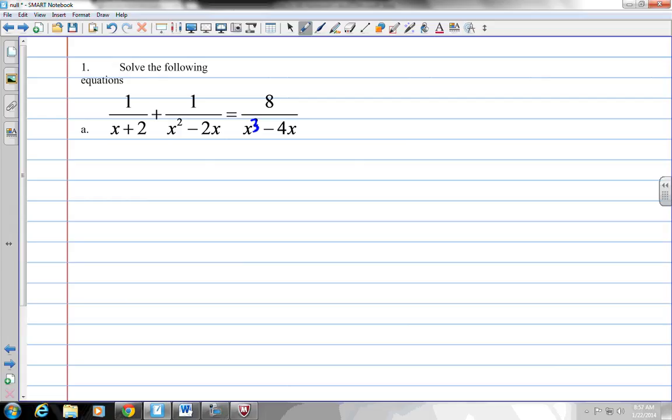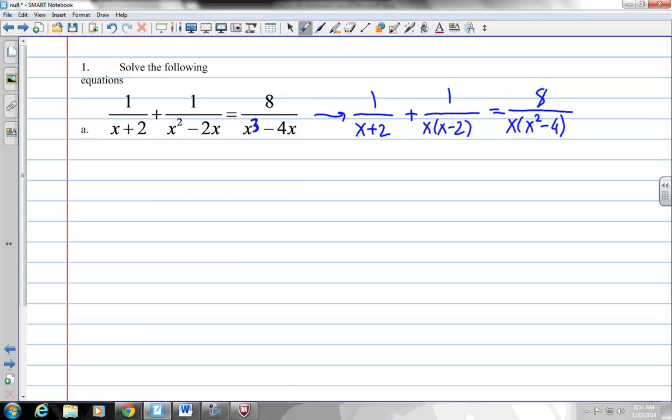Well, let's do it with a cube. It'll be a lot easier, because with the cube, it factors nicely. If you factor everything, it's x plus 2, plus 1 over x minus 2, right? And on the last one, you pull out an x, that's x squared minus 4.